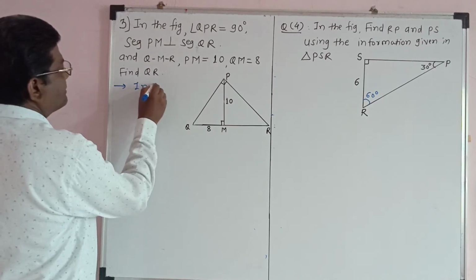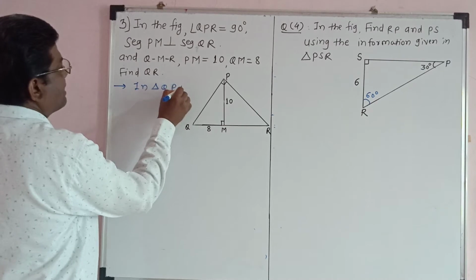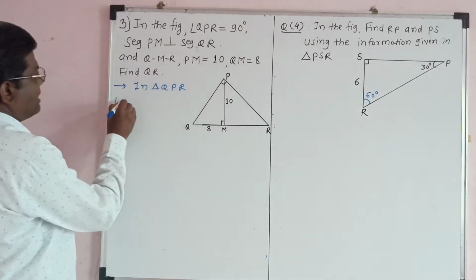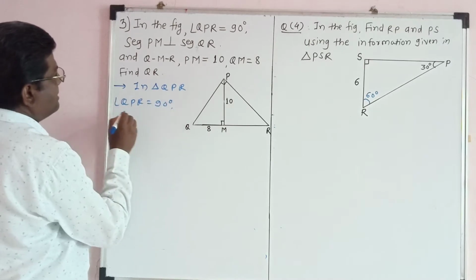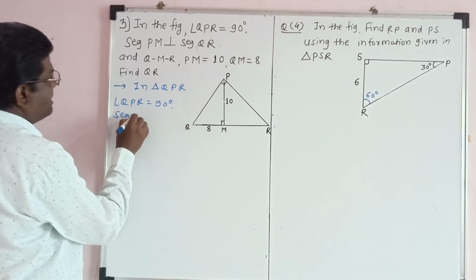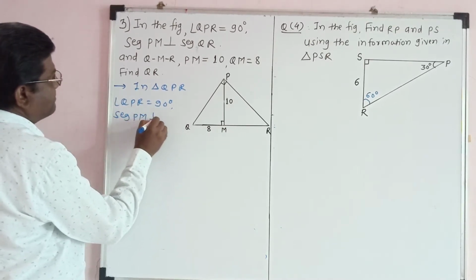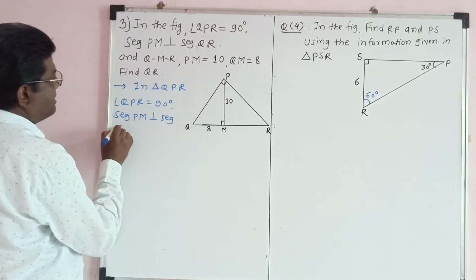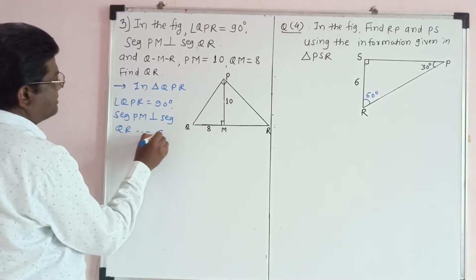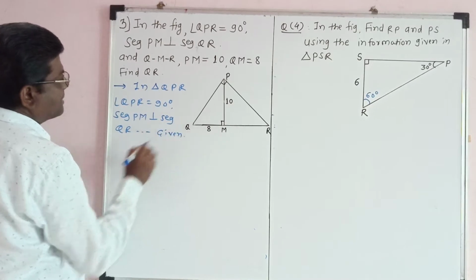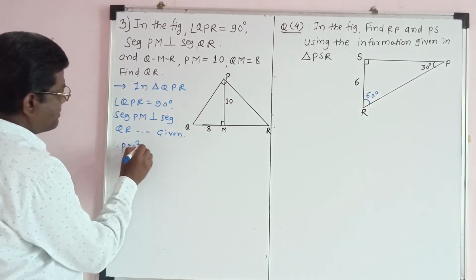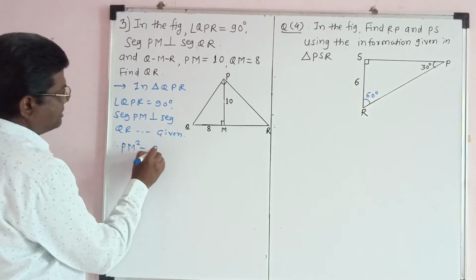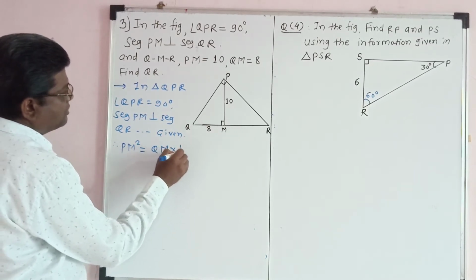In triangle QPR, angle QPR is equal to 90 degrees. Segment PM is perpendicular to segment QR, this is given. Therefore PM square is equal to QM into MR.